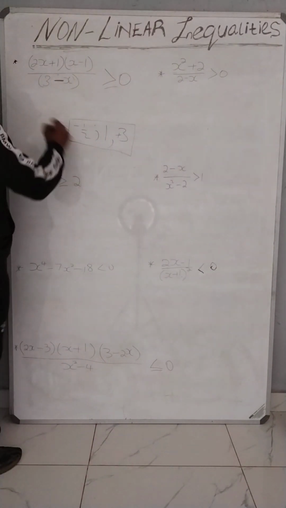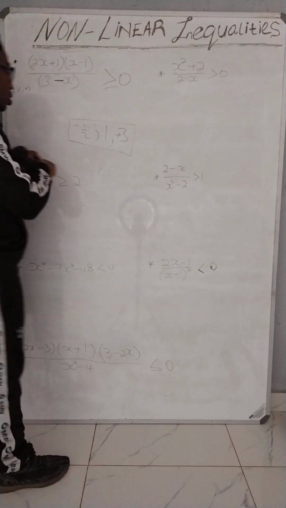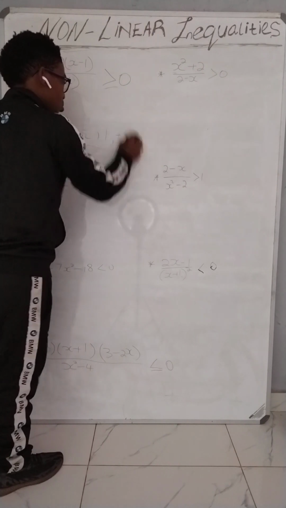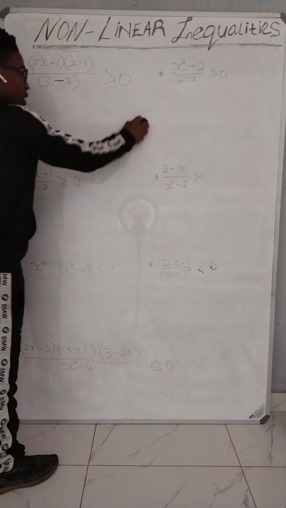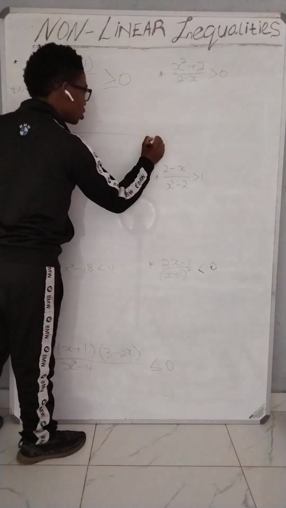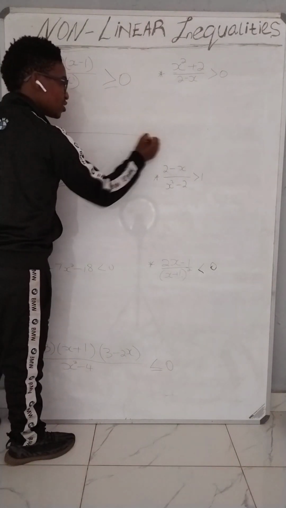Let me write them here: -half, 1, +3. Okay, reasons, I want to write them here so that we don't forget them. Okay, all right. So now what you're going to do is you're going to make a number line like that for testing.